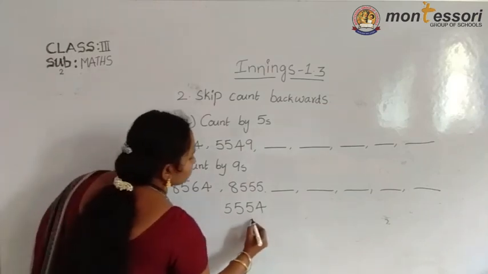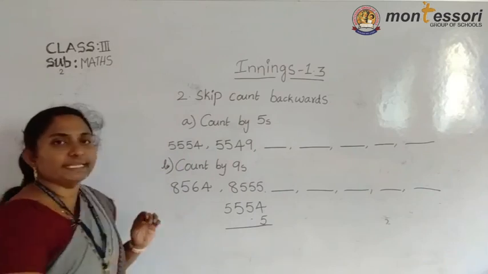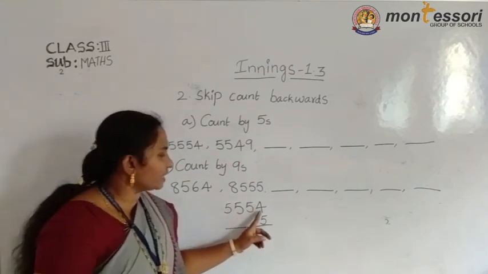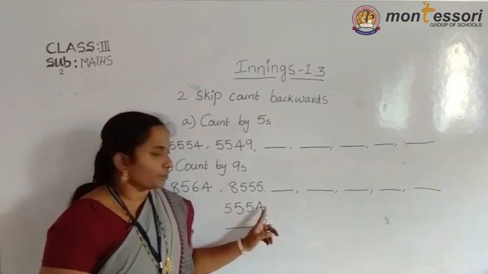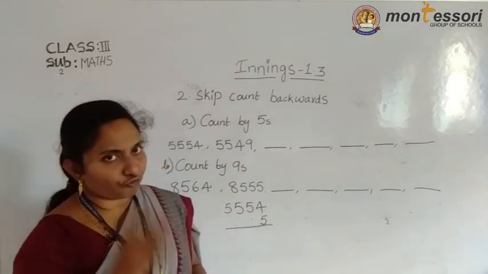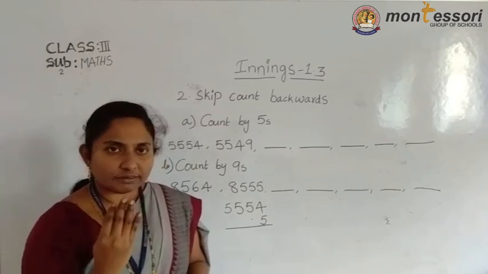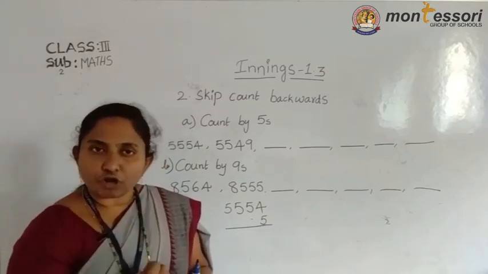Now I am doing the subtraction with minus 5. What is the number given here? 4. 4 minus 5, is it possible? Now I am taking 4 fingers and closing 5 fingers. Is it possible? No, it is not possible.